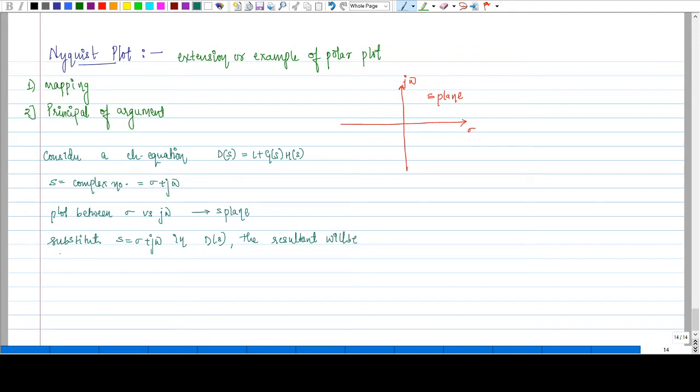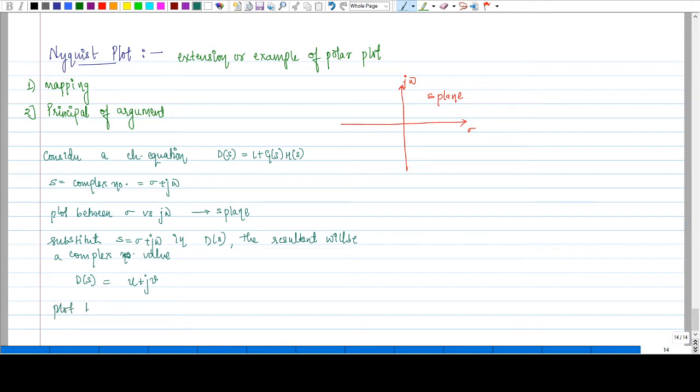Obviously S is a complex number, so D of S will also be a complex value. This D of S will be of the form U plus JV, so it will have a real part and an imaginary part, which is given by U plus JV.